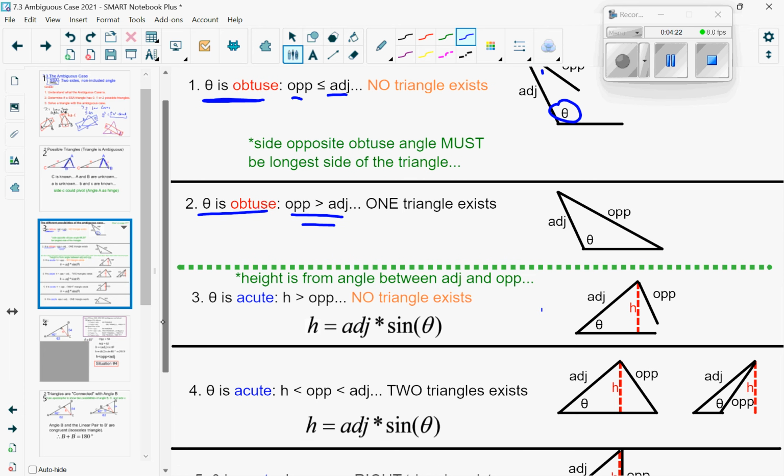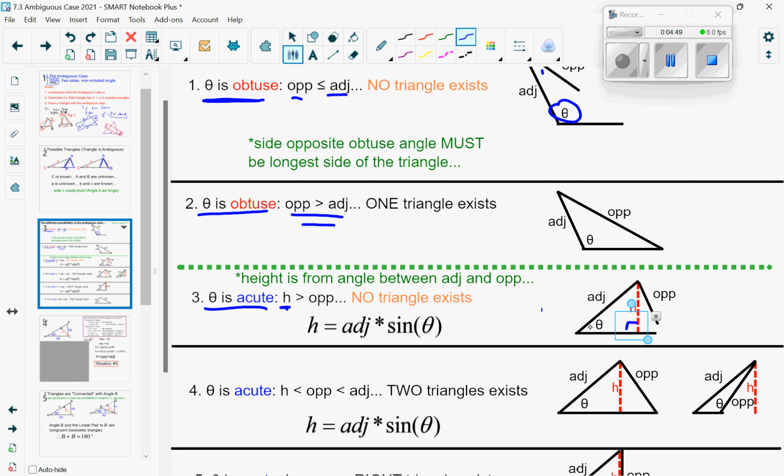Now, there are the other cases. If theta is acute, for all four of the next ones, we have to create a height because we get some weird situations. I would draw a height from this angle right here, where this height is now perpendicular. Now, I need to find my h for all of these.